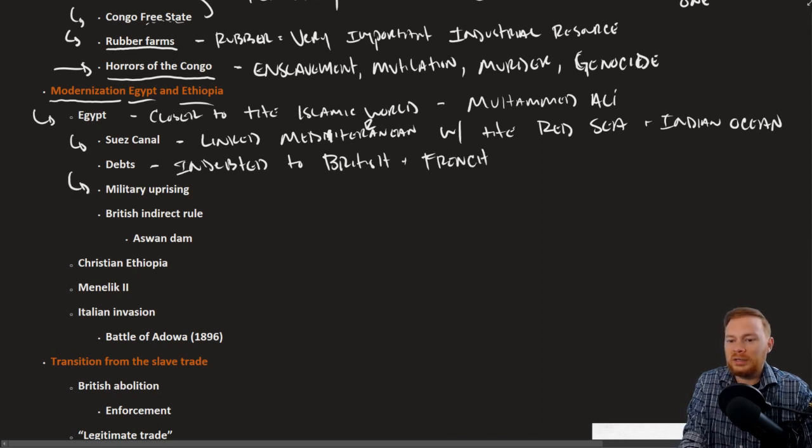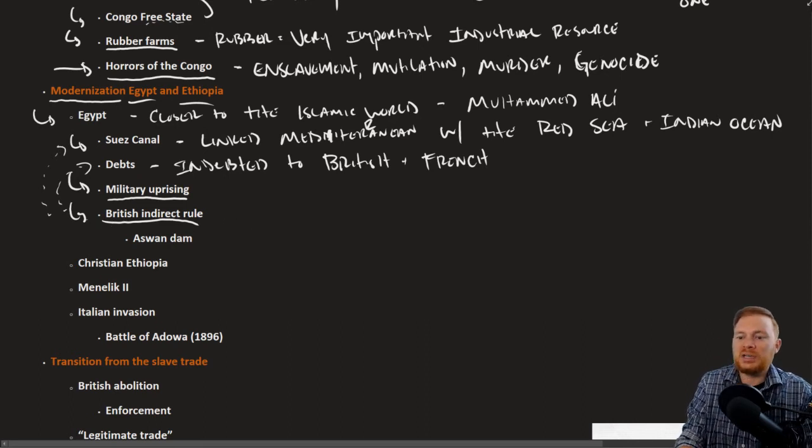Meanwhile, a military uprising threatened the government, which led to the British coming in and taking over. Essentially, because of this internal military uprising, the British feared some sort of disruption to using both the Suez Canal and the ability for Egypt to pay back its debts. And so the British came in and essentially took over Egypt in an indirect way. So we might say indirect rule of Egypt.